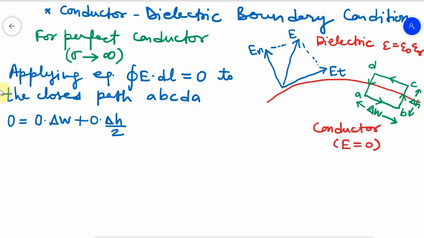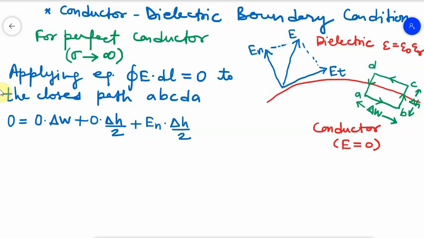Now in BC, the upper half lies in the dielectric medium, so here it is along the En direction, and the direction is also the same, so we take positive En dot del H upon 2.